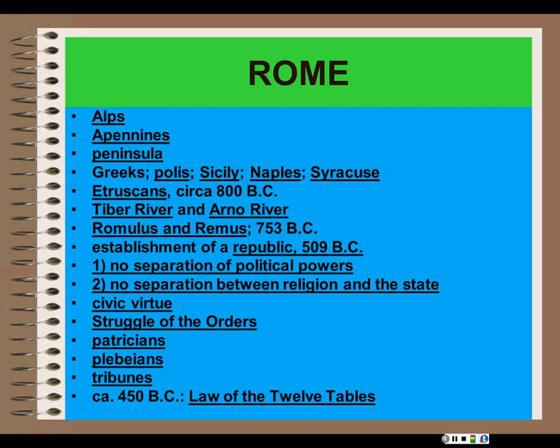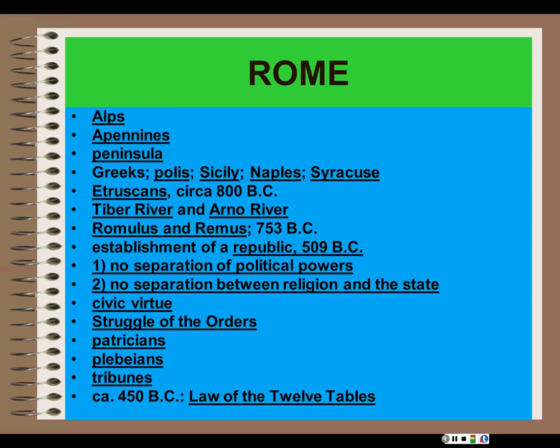And no one knows really where the Etruscans came from. Some people suggest that they came from further east, from Asia, because some of their cultural ways seemed oriental. For instance, they practiced divination by inspecting the livers of animals and things of that sort.